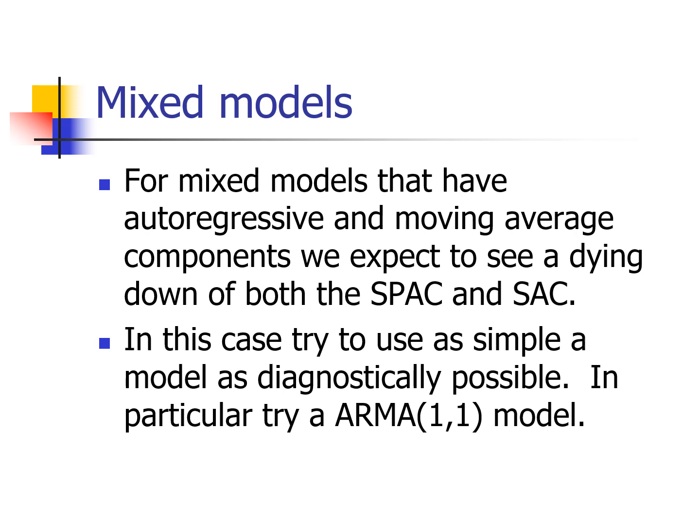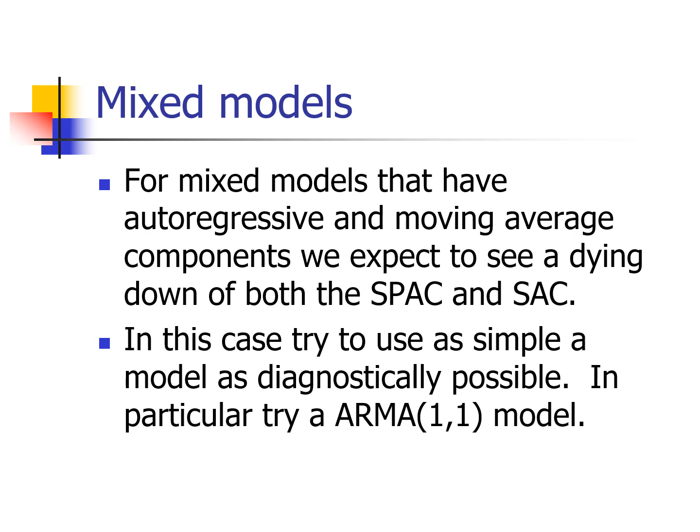Now, what about mixed models? It's possible to model a combination of autoregressive and moving average. And again, it's possible to have real life phenomena that are better modeled by a combination than a pure version of one or the other. For a mixed model, we expect to see a dying down pattern of both SPAC and SAC.